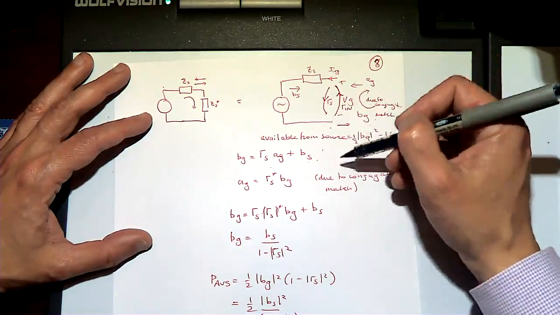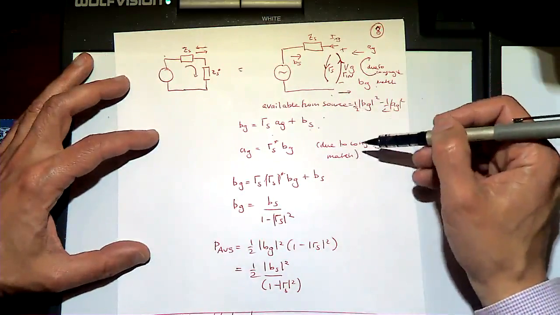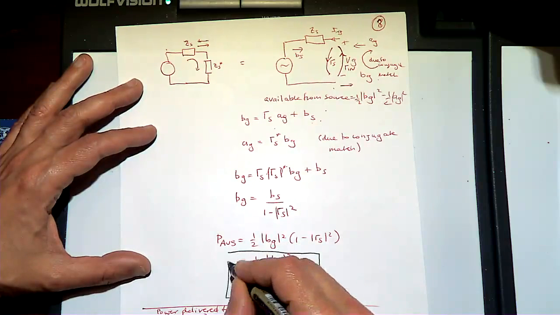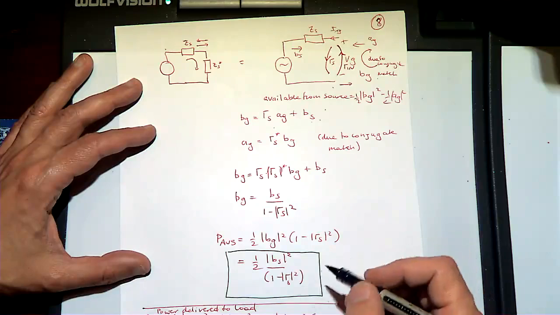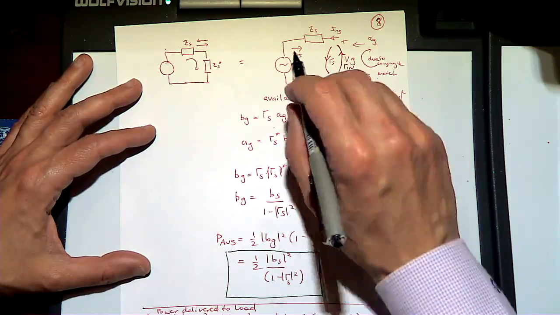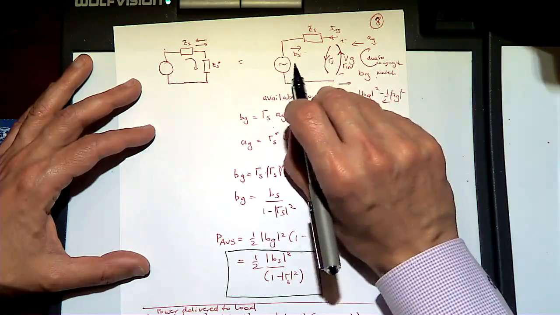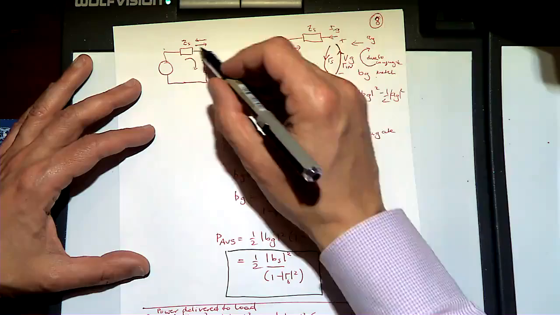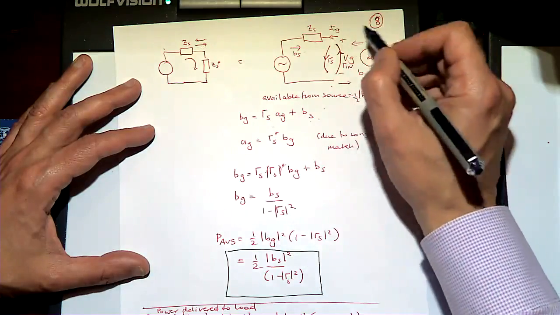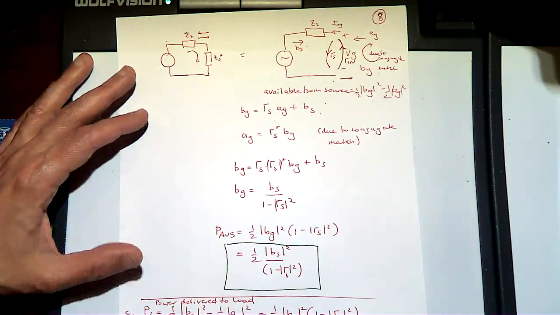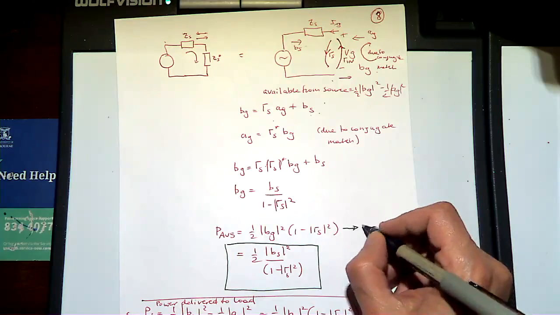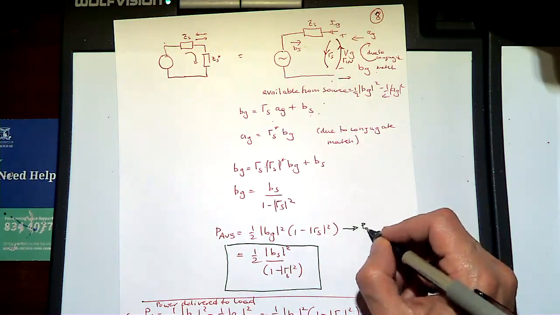Once you go through that, what you're able to show is that the power available from the source is equal to the power that the source generator is generating, and 1 minus the reflection coefficient between the source and the input to the network. Right, so this is the total available power.